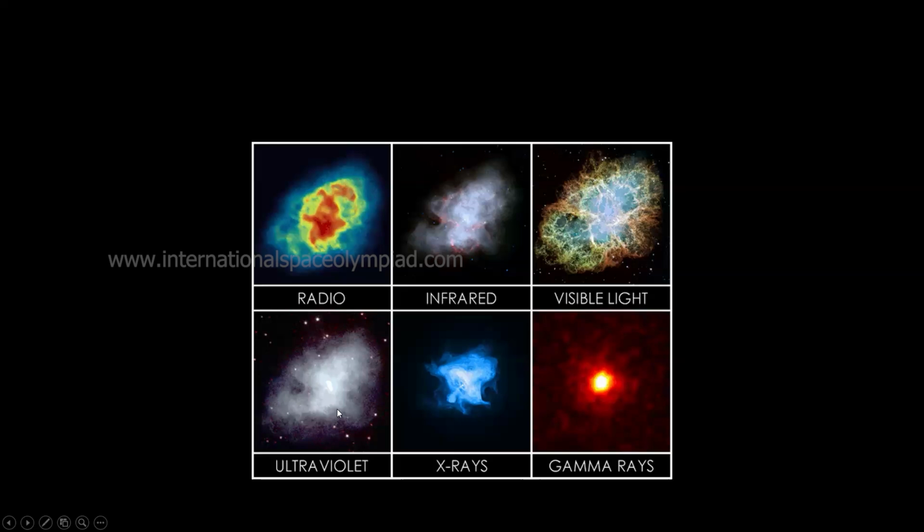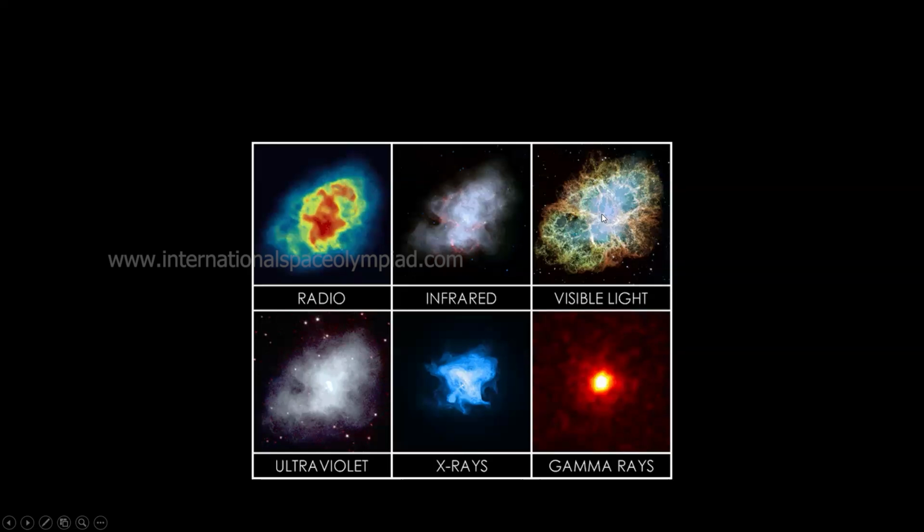When it comes to ultraviolet, X-ray and gamma ray, you can see that these are all high energy regions. Even at the center you can see something glowing, but it is not visible in the radio, infrared or visible. You can see something is there. So some high energy is coming from there, and when you look through the X-ray, it is even more visible. Some jets are actually coming.